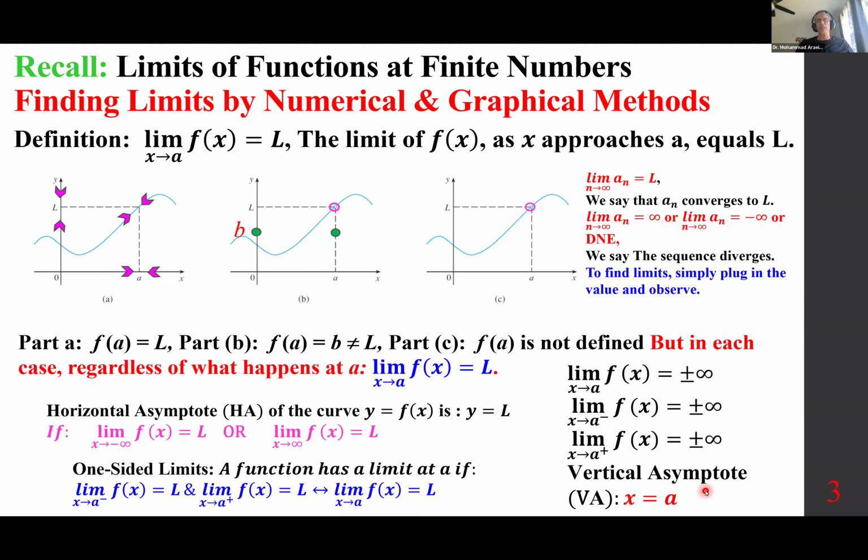Reminding you of one-sided limits, a function has a limit as long as one-sided limits are identical, meaning the limit of f of x as x approaches a from the left equals L, the limit of f of x as x approaches a from the right is L, then the limit of f of x as x approaches a exists, and it equals L.